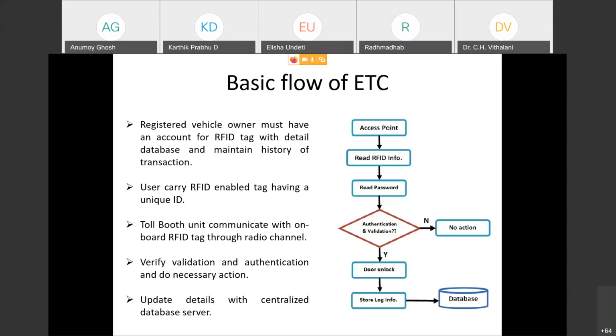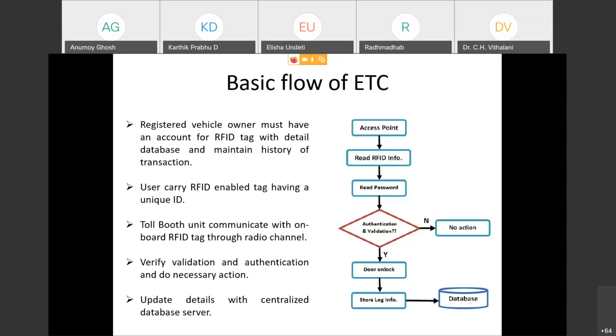What happens is, first the car enters the access point, from where the reader is able to sense the tag. Then the reader reads the RFID info, and it reads the password also. Password means the unique number of that vehicle, and then it checks whether that unique number is authenticated and validated by the transport department.